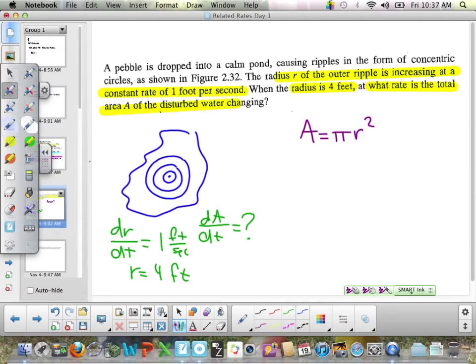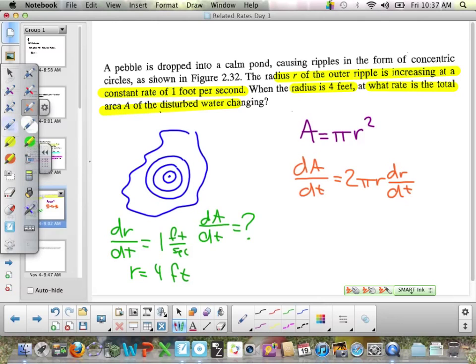We want to go to step 3, and that is to take the derivative of our equation. Using the chain rule and implicit differentiation, the derivative of area is dA dt equals, derivative of pi r squared is 2 pi r, and then because we're with respect to time, we need dr dt.